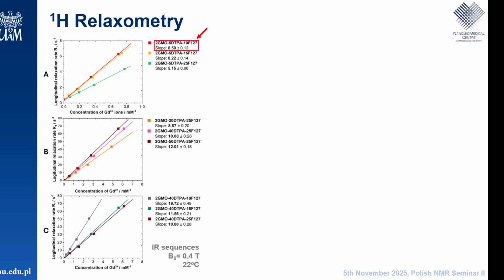In the second part, we have a high concentration of DTPA and various concentrations of pluronic, and the best result is for the first sample, the one with the highest concentration of gadolinium. For the last group, we have a constant high concentration of DTPA and various amounts of pluronic, and the best result is for the sample with the lowest concentration of pluronic.